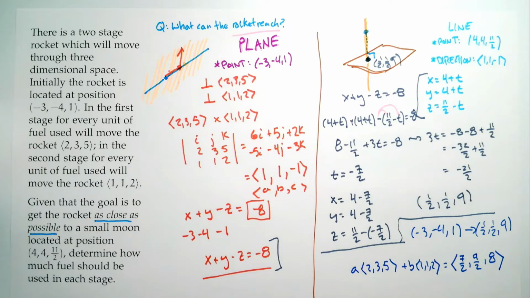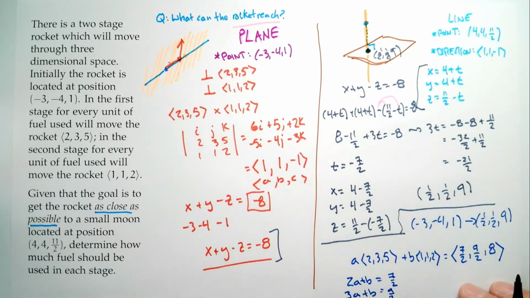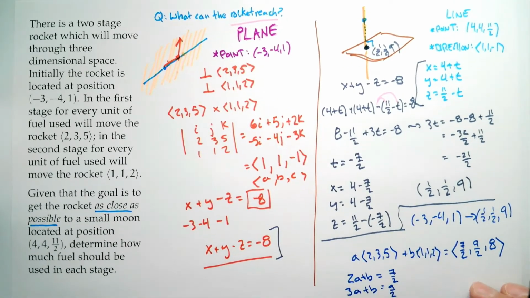All right. So what do we get? Well, 2A plus B. So that's the first coefficient. That's got to equal 7 halves. And then the second one, we can get 3A plus B, and that's got to equal 9 halves. There you go. This is enough to figure out what A is.